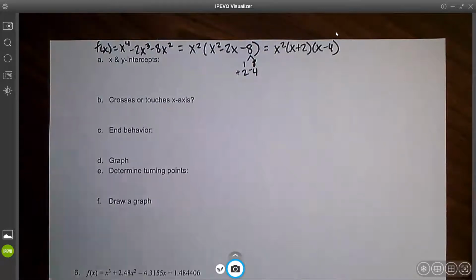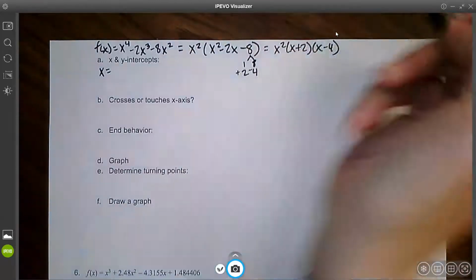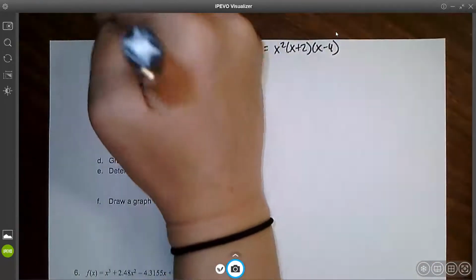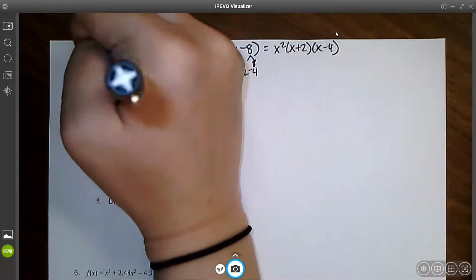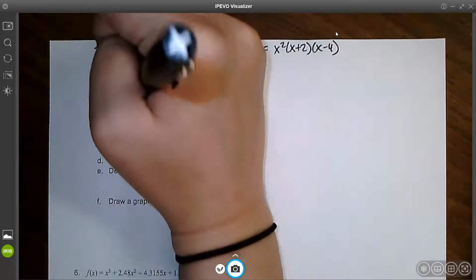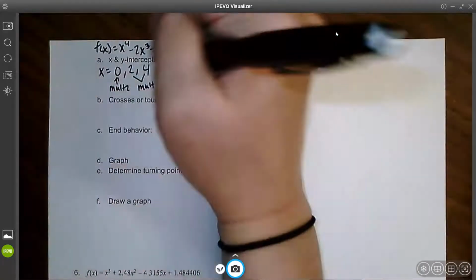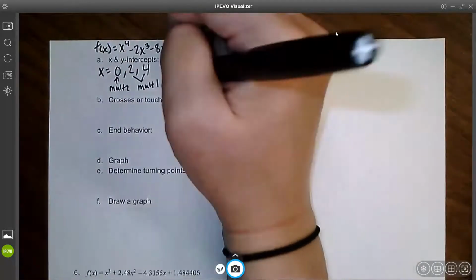So my x-intercepts, set each of these equal to 0. You get x equals 0, 2, and 4. 0 is multiplicity 2, and 2 and 4 are multiplicity 1. My y-intercept, I did not have a constant here, so it's just 0.